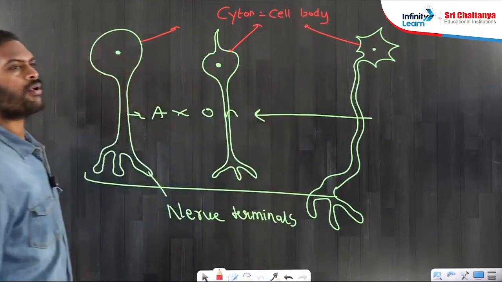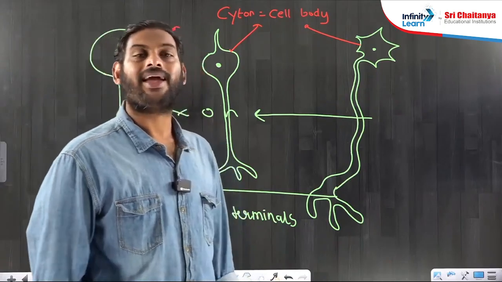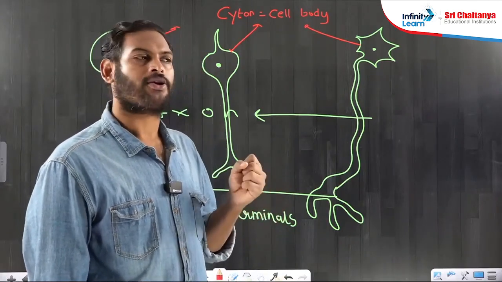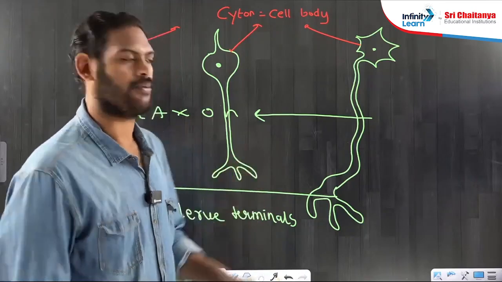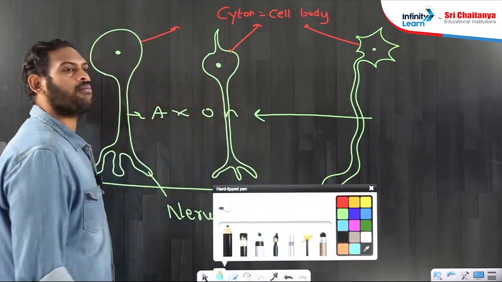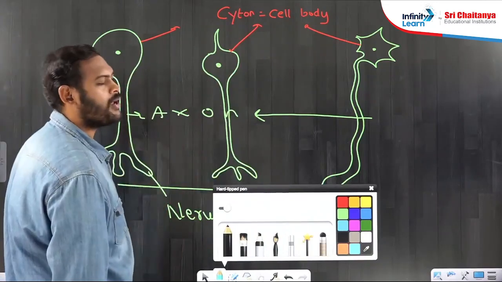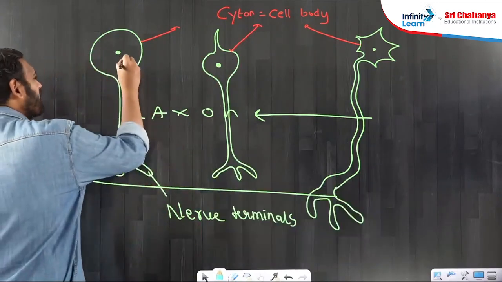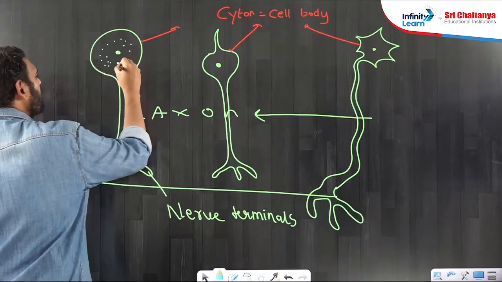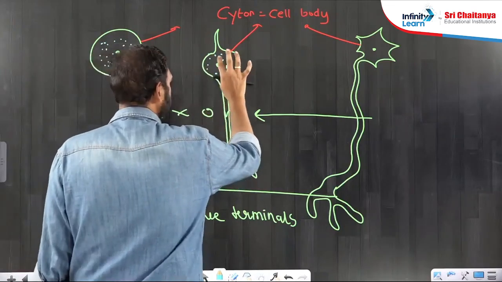And cyton or cell body often consists of many 80S ribosomes attached to rough endoplasmic reticulum. You can see many 80S ribosomes attached to rough endoplasmic reticulum. They may look like thick, dark granules inside the cell body like this.